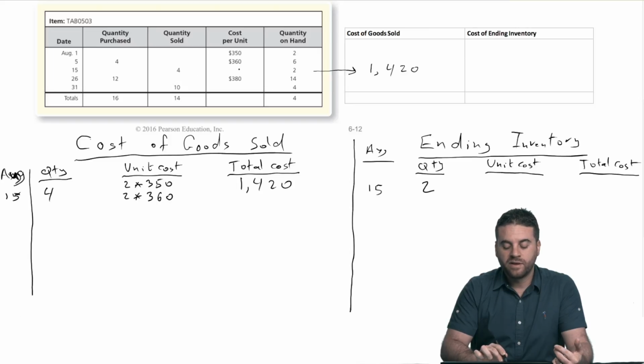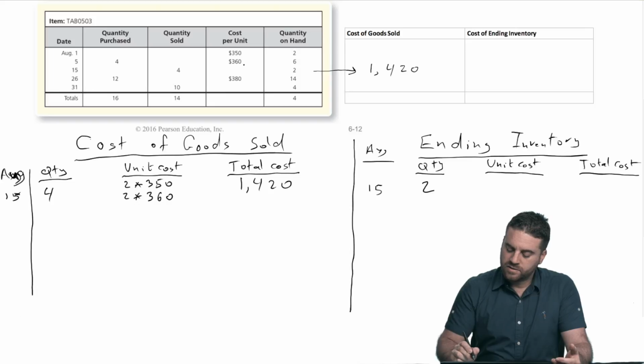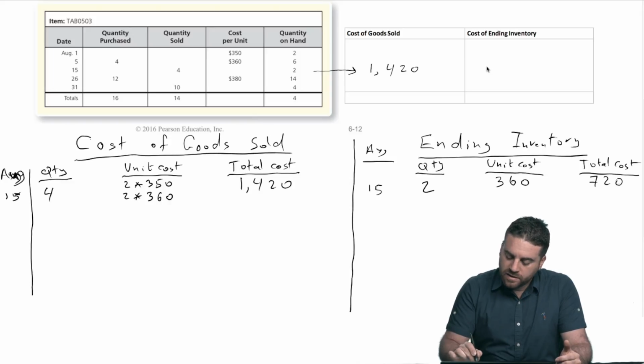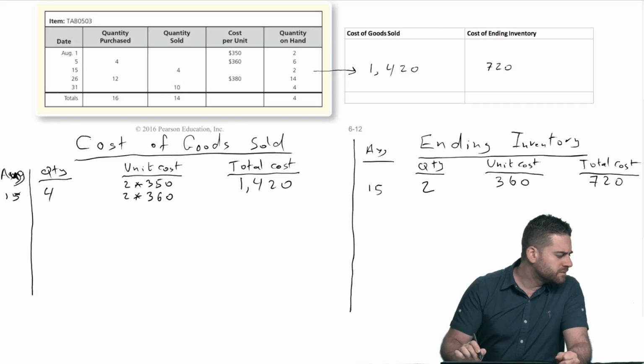So we still have two units left over for the cost of $360 each. So I will say that the unit cost is $360 for those 2 units that I have left over. And then multiply the 360 by 2, that will be $720. So on August 15th, my cost of ending inventory is $720.